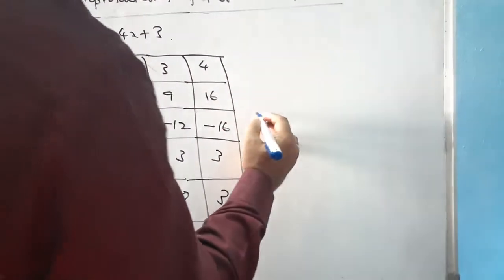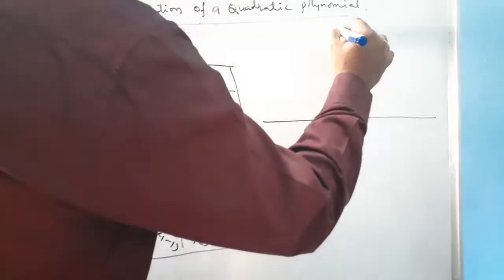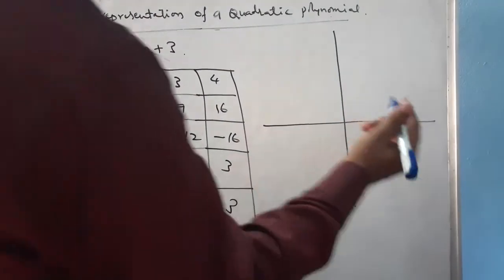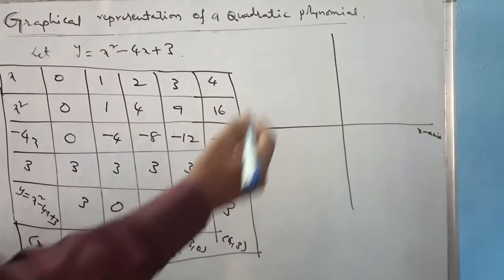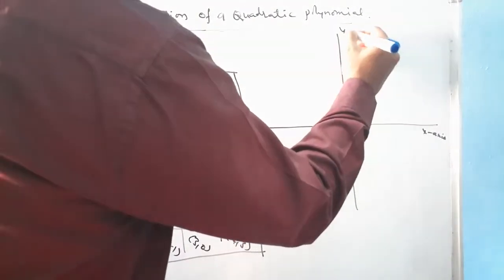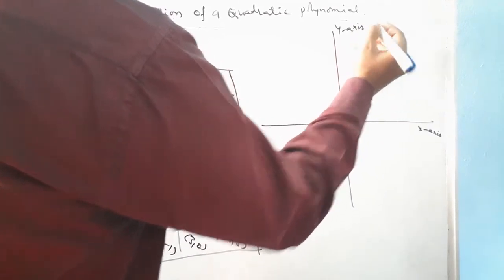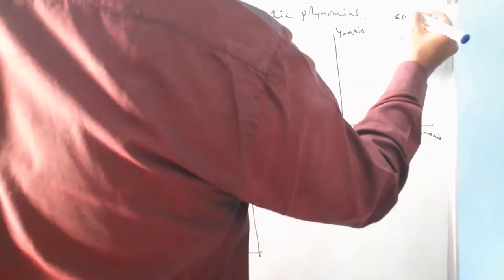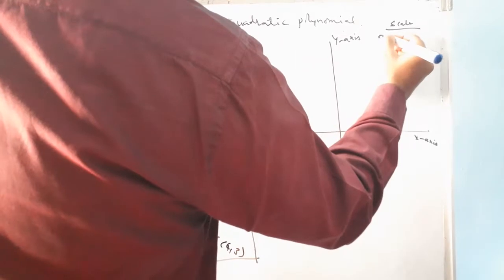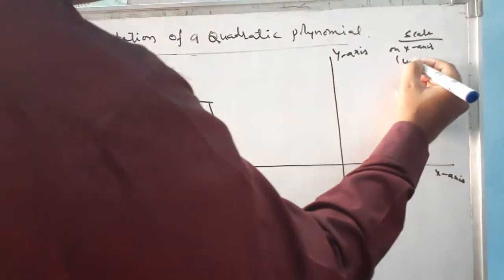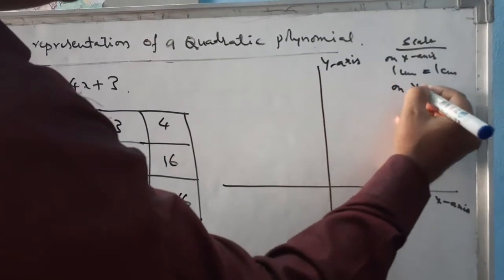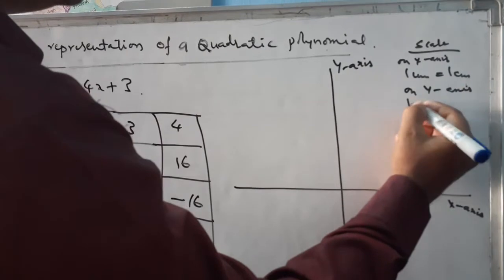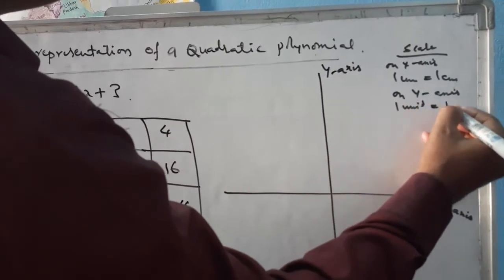Now I am taking one horizontal line and one vertical line. This horizontal line we call the x-axis, and the vertical line we call the y-axis. We are taking the scale: on the x-axis, 1 unit is equal to 1 centimeter, and on the y-axis, 1 unit is equal to 1 centimeter.